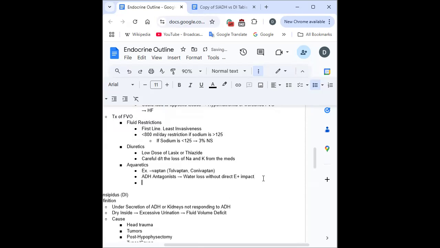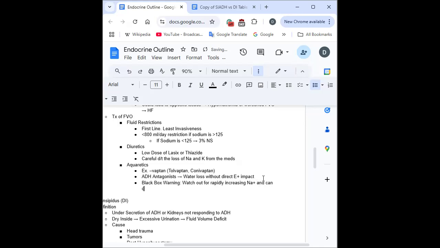Oh yeah, the black box warning. So the black box warning is really for rapidly increasing sodium. So again, going the other way, similar to the hypertonic sodium, and it can cause demyelination. So why does this happen?